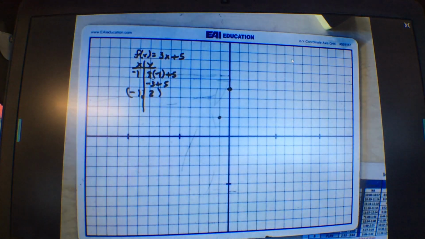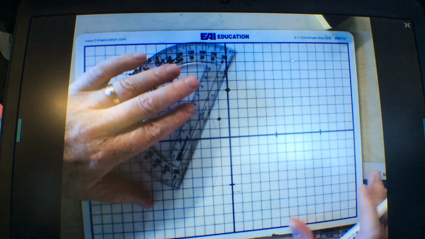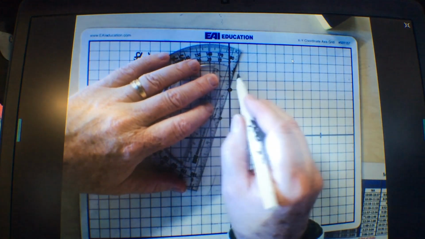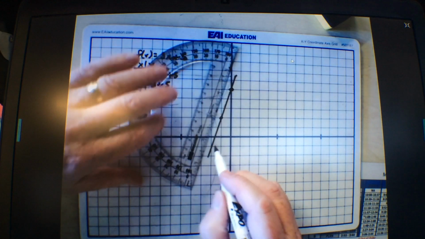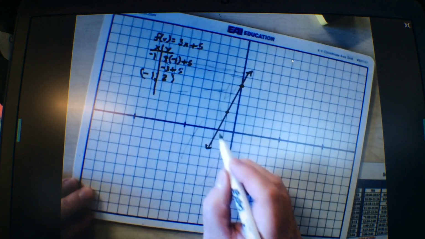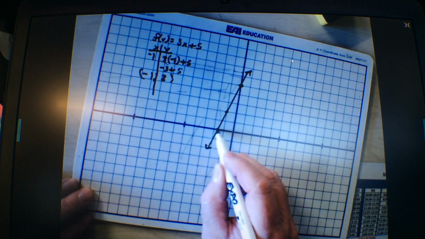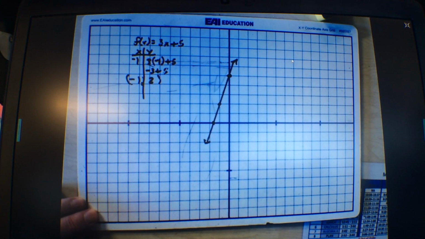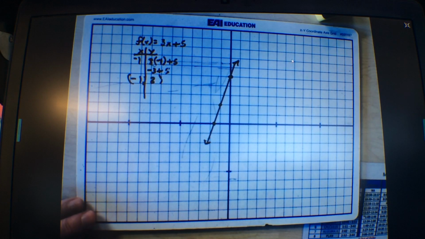All right, now watch what happens when I graph this line. Looky there. That's the 0 of the function, isn't it? What's the problem? It's not on a dot.